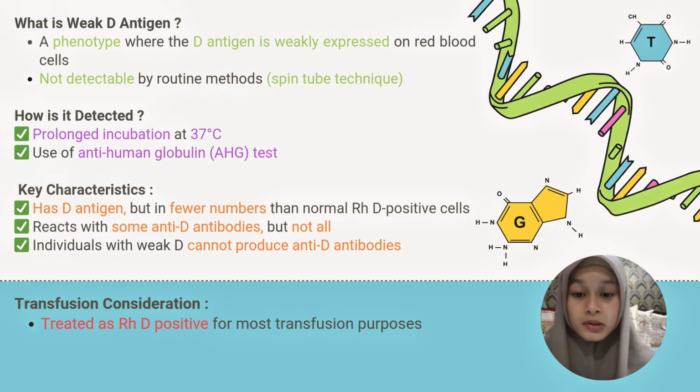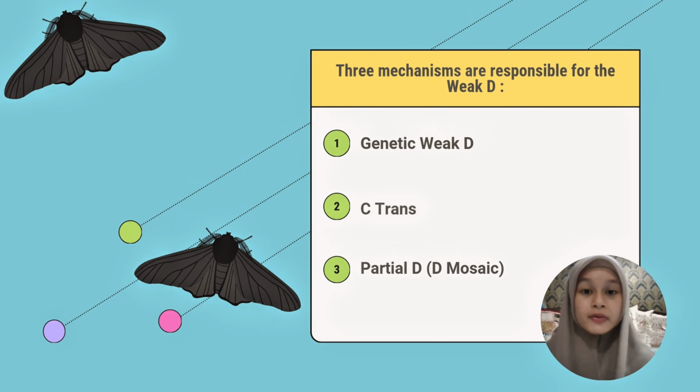For transfusion consideration, it's usually treated as RhD positive for most transfusion purposes. So we have three mechanisms responsible for weak D. First is genetic weak D, second is C-trans, third is partial D, or we can call it D mosaic.